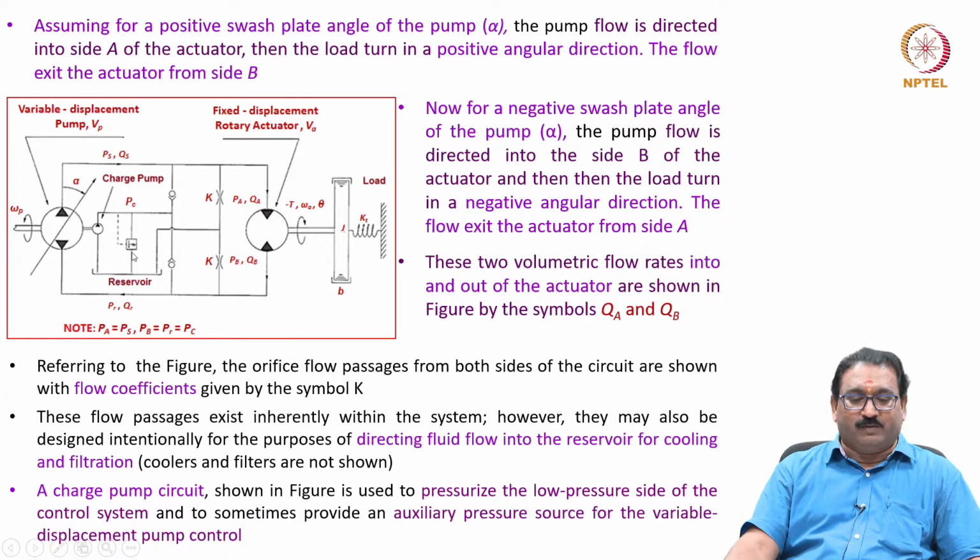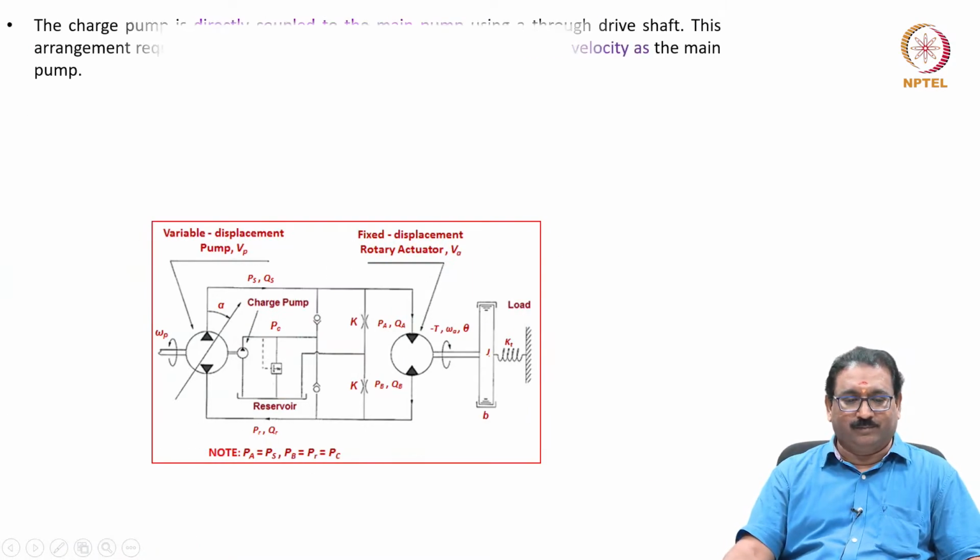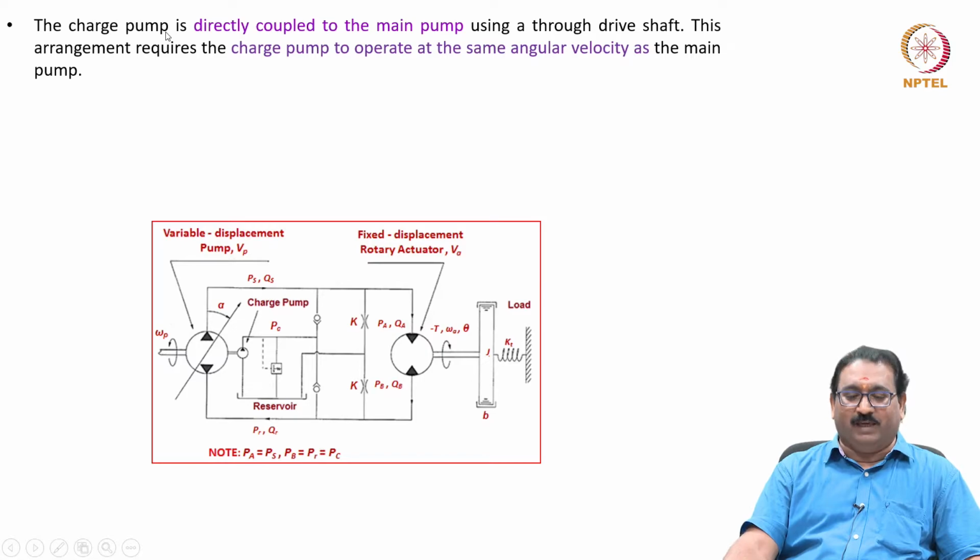A charge pump circuit shown in the figure is used to pressurize the low pressure side of the control system and sometimes to provide an auxiliary pressure source for the variable displacement pump controlled system. The charge pump is, as I have told you, directly coupled to the main pump using the drive shaft.